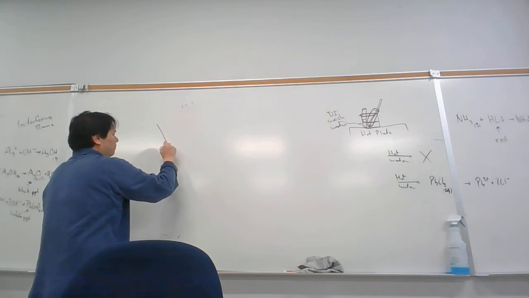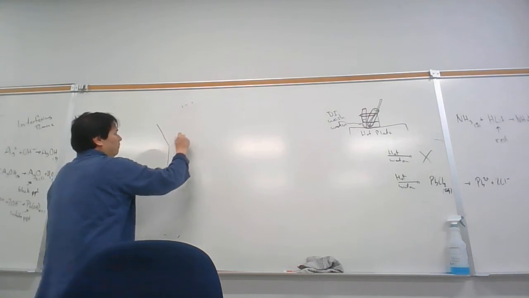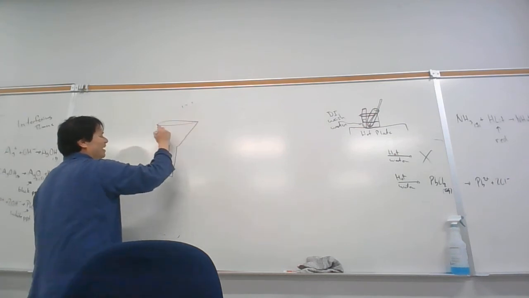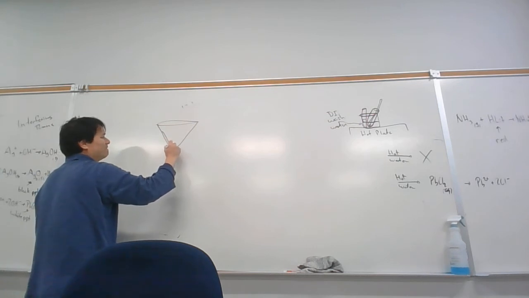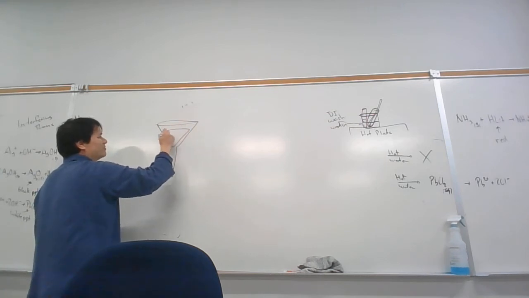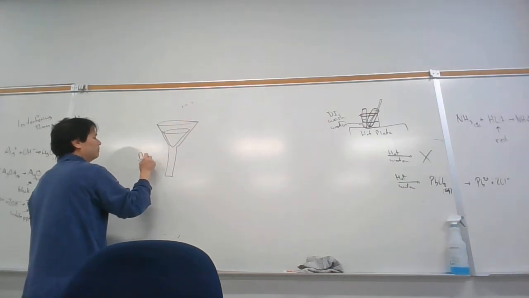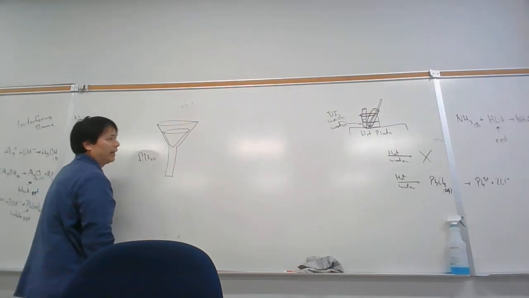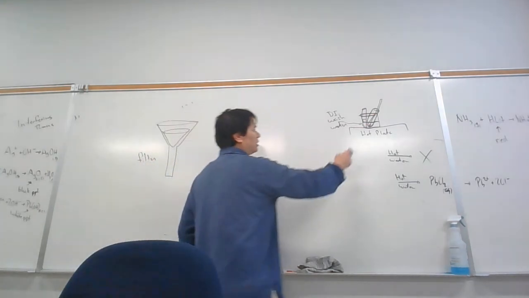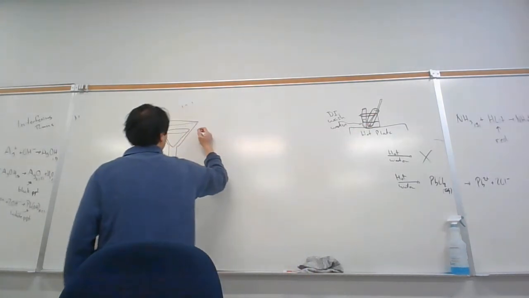And so what we'll set up is a filter. There'll be some filter paper in here. And we're going to take our mixture and dump it in here while it's hot.